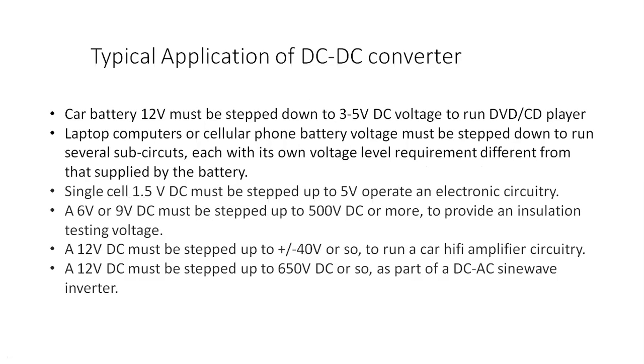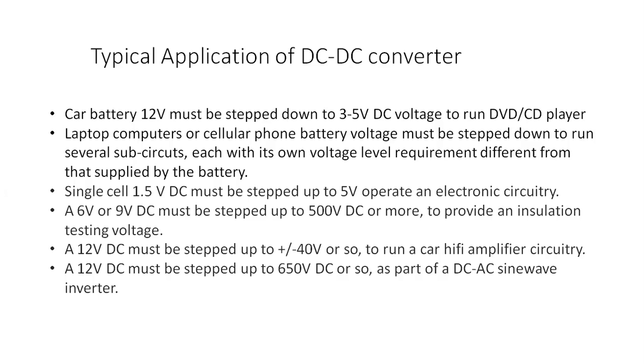So if you see, there are lots of applications for DC to DC converter, like a car battery of 12 volt must be stepped down. It means what? We can decrease the value from 12 volt to 3 to 5 volt to run a DVD, CD player in our car. If we see, we are using the laptop, computer, cellular phone.